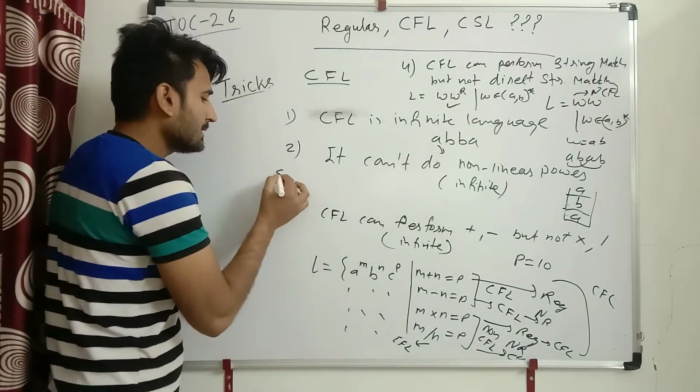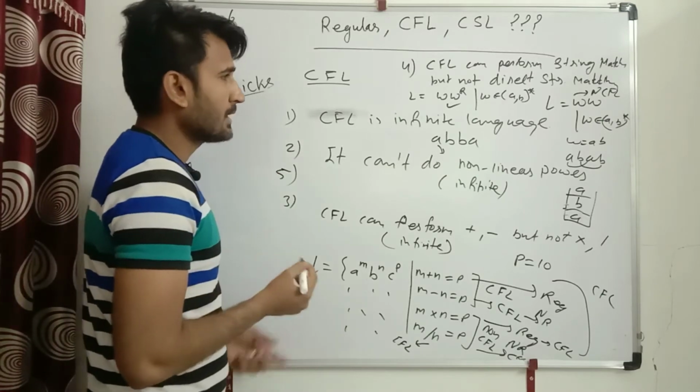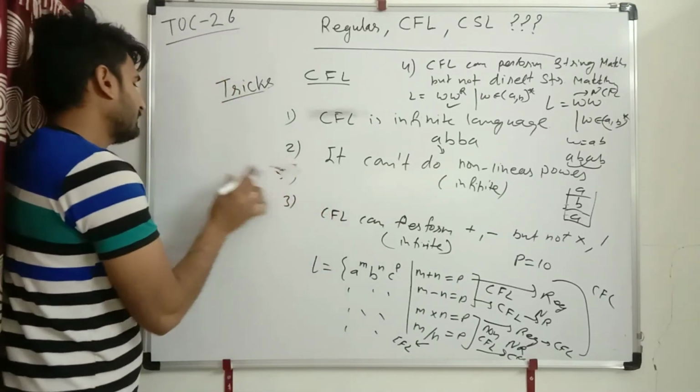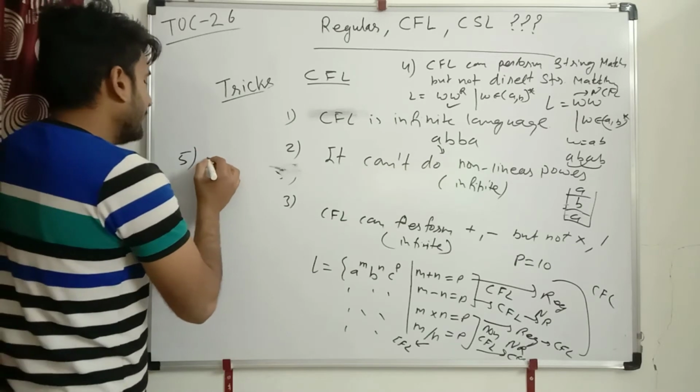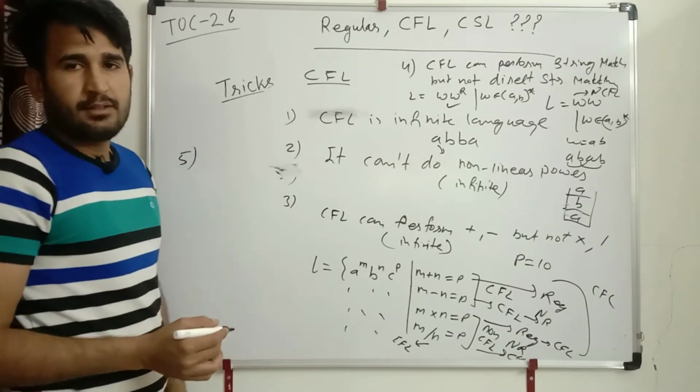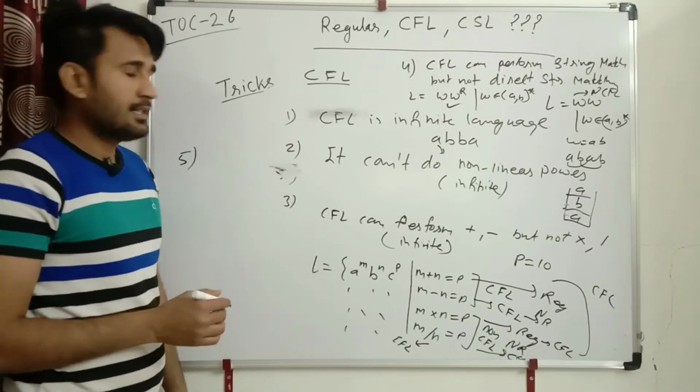Okay. Next, fifth point. It can do one comparison for a linear function.